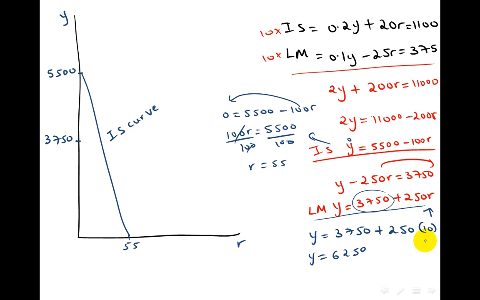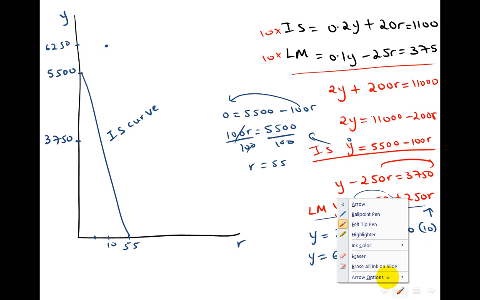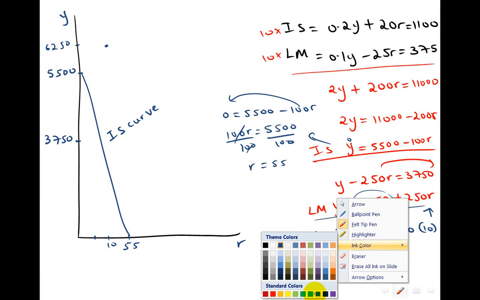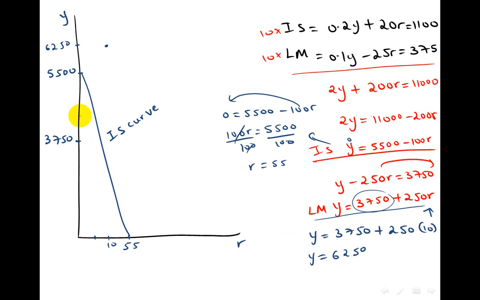So if you put here 10, the value for y will be 6,250. So if this is 10, this would be, let's say here 6,250. You would have another point here, but it will be very difficult to represent it. So let me consider that 10 would be here. So let me put it here, and so our LM schedule or curve will be this way. So this will be called LM curve.